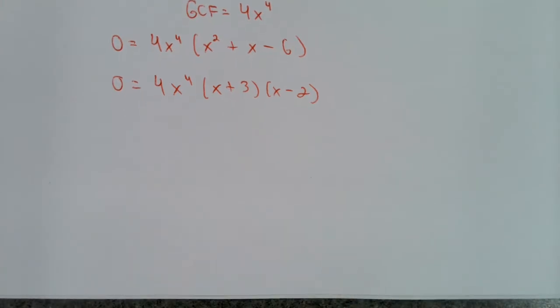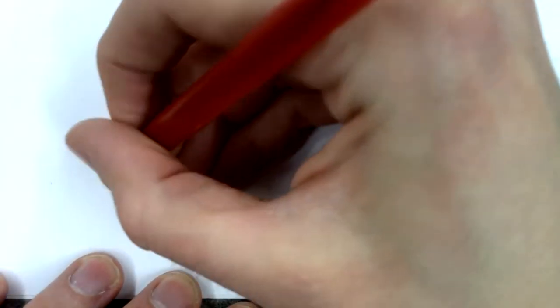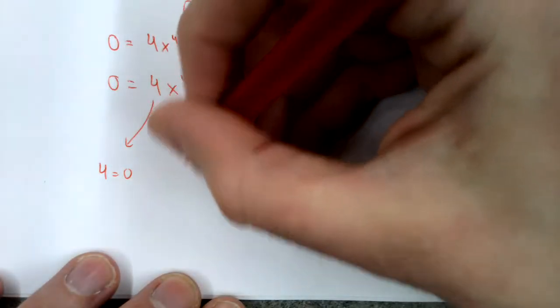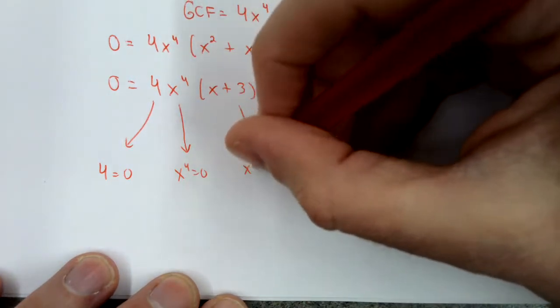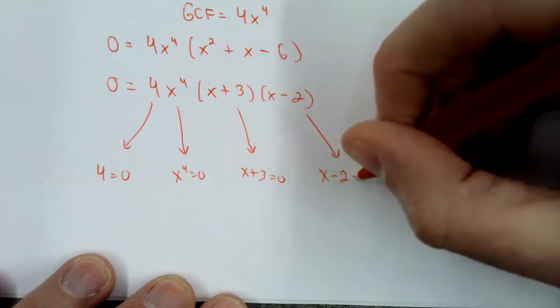Now it's in factored form. Set each factor equal to 0. Either 4 equals 0, which makes no sense, so we're going to ignore that in a minute, or x to the fourth equals 0, or x plus 3 equals 0, or x minus 2 equals 0.